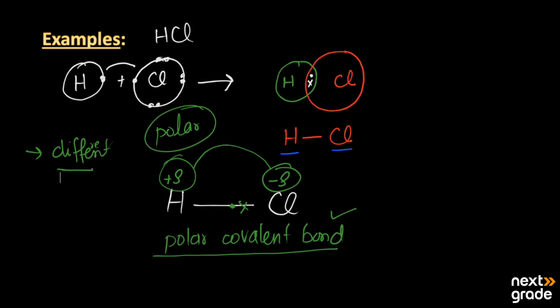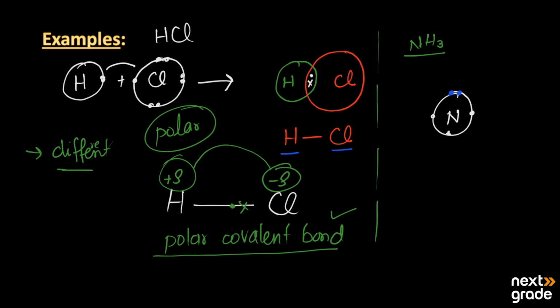The second example is ammonia, NH3, as we have nitrogen and 3 hydrogen. When we draw its structure, the central atom is nitrogen, as it has a total of 5 electrons in its valence shell. One pair is unshared.